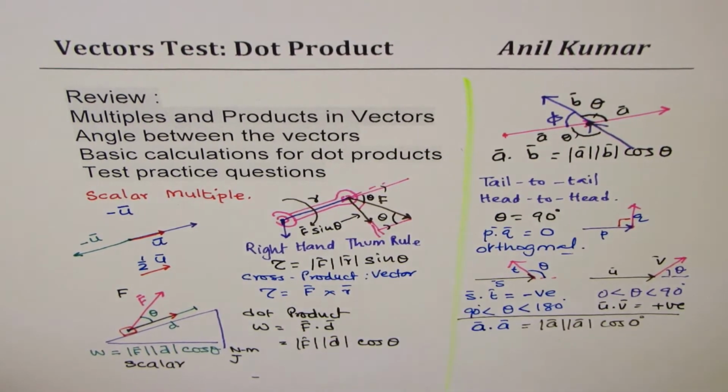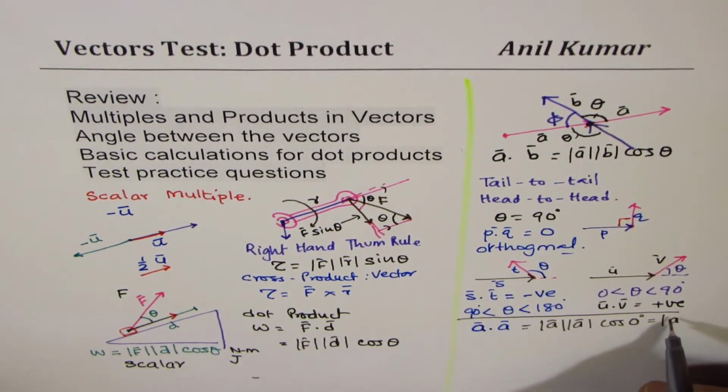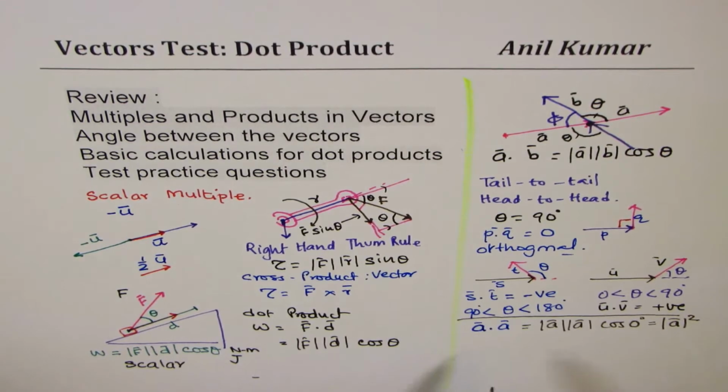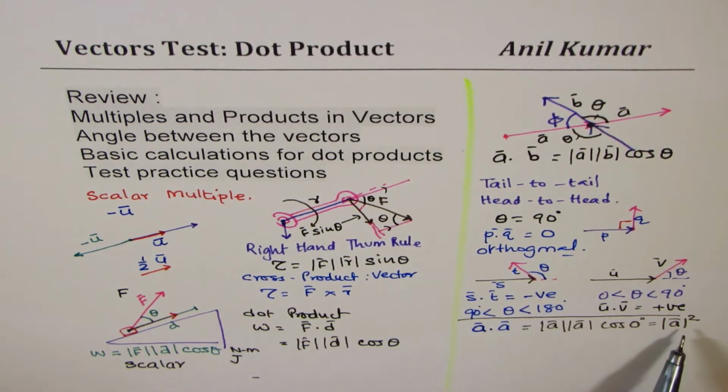Cos of 0 degrees is 1. So what we get here is magnitude of A squared. So the dot product can also give you the magnitude of a vector itself. That's the way to find the magnitude of a vector.